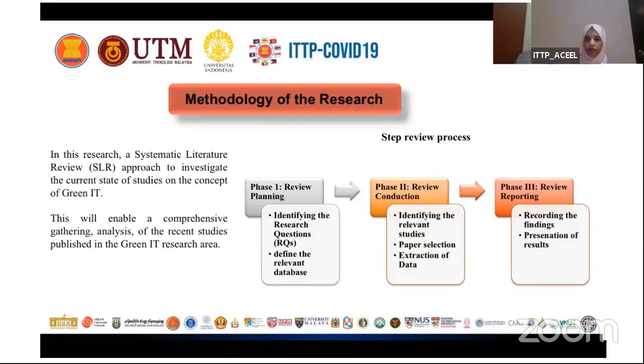The review steps that we follow are identifying the research question, defining the relevant database, defining the relevant study paper selection, extraction of the data, recording the findings, and presentation of the results.